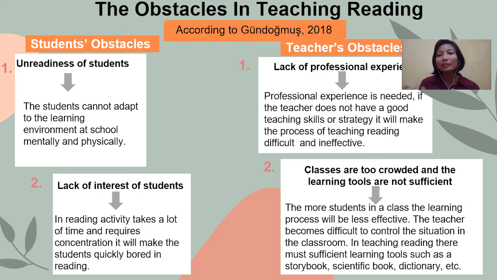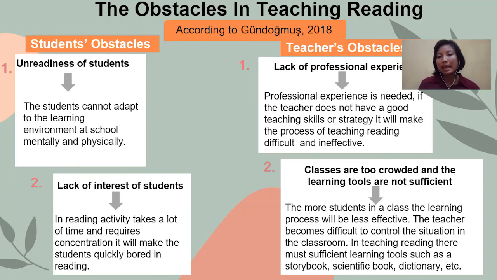They have their own learning style, and in that situation, if the teacher does not have good teaching skill, it will make teaching and learning reading difficult and less effective for the students. So because of that, we can say that teaching experience and professional experience are really needed in the process of improving students' ability in reading.